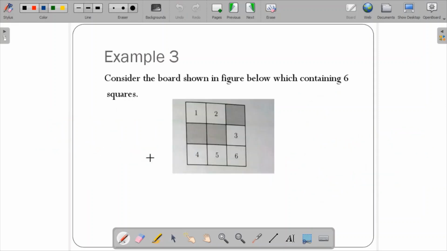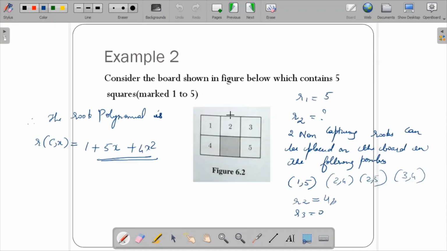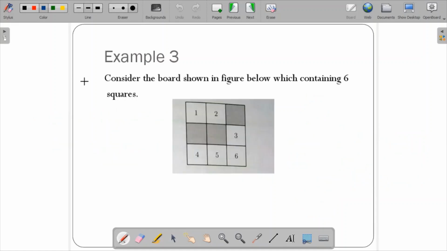Next, example 3. Consider the board shown in the figure below which contains 6 squares. Now this is how you're going to find 2 non-capturing, and then again you have to find 3 non-capturing. 2 non-capturing rooks that can be placed and 3 non-capturing. So this is the board.